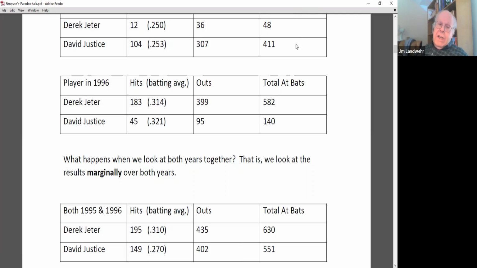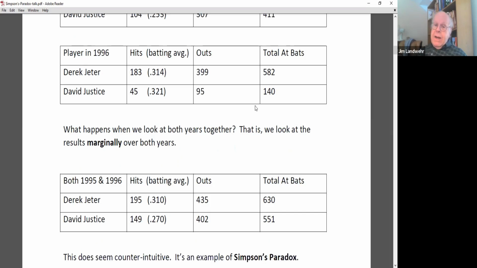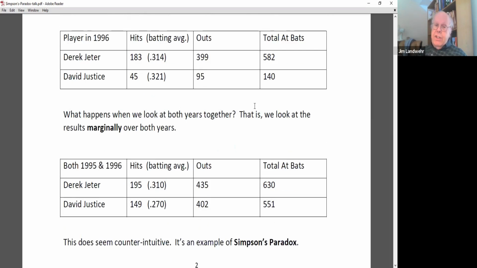So if we're looking at the average over both years, basically Jeter's average is going to weight the year 96 higher, when actually both of them had higher batting averages. And Justice's average over the 2 years is going to weight 95, when he had the higher average. So that's basically what's going on here. And if you look at it that way, it makes sense. It's not necessarily a paradox, but this is a pretty simple situation.